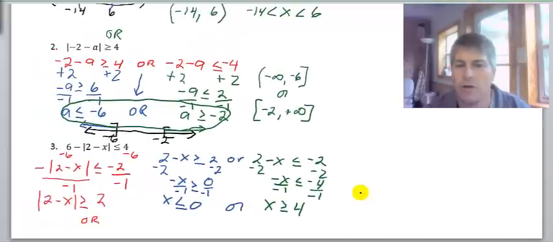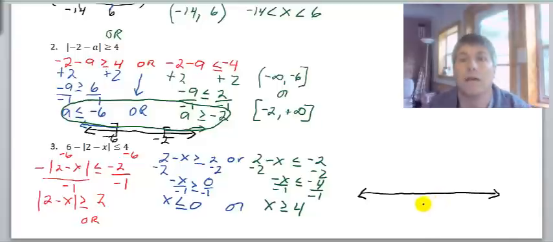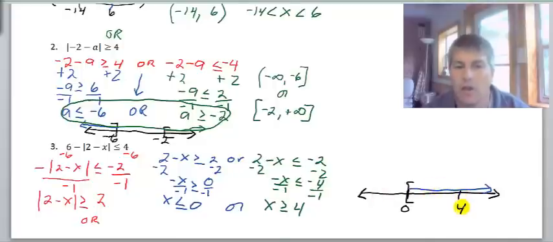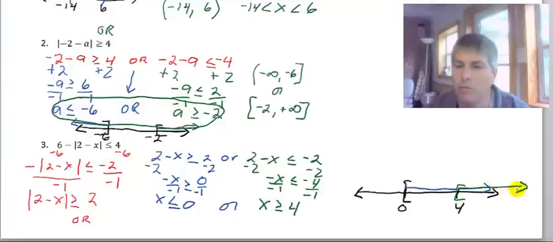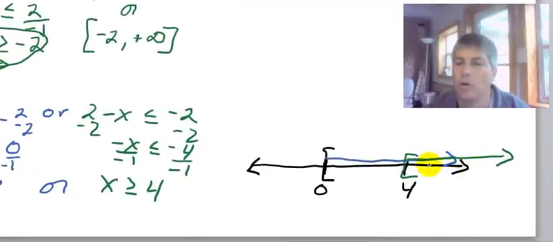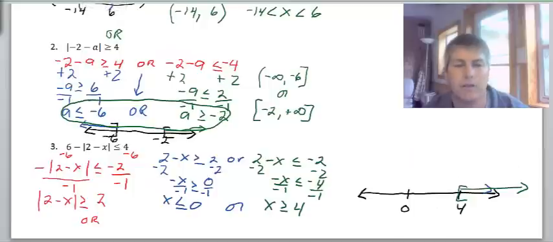Graph those two on the number line. So we've got our number line. We've got critical points at 0 and 4. X is greater than or equal to 4. So that is all those points. And it's an or situation. So we want values that are less than or equal to 0.